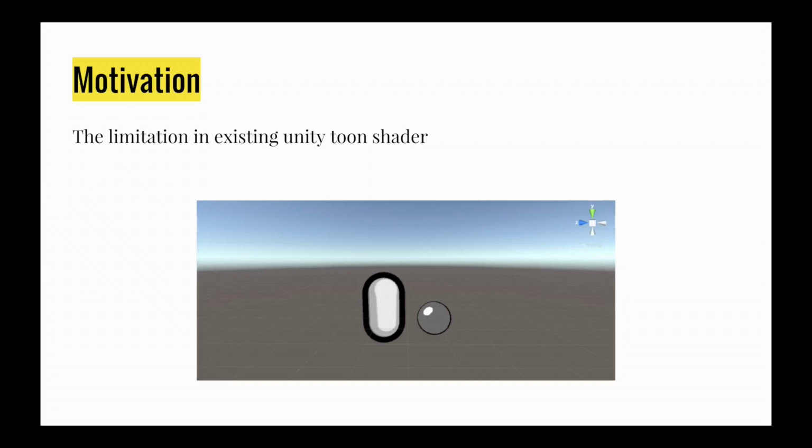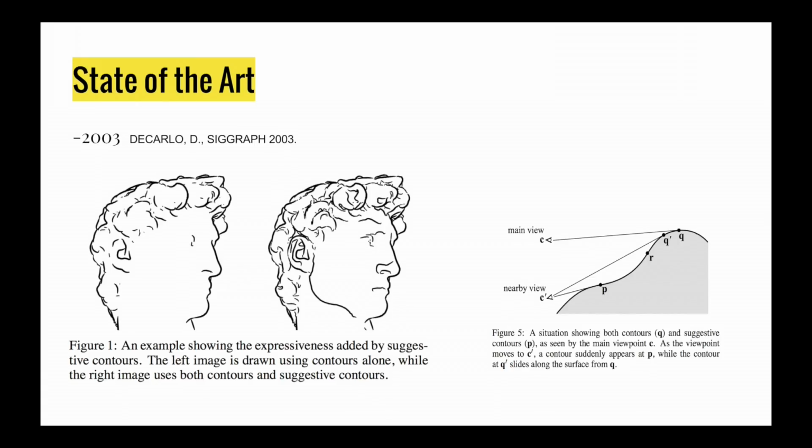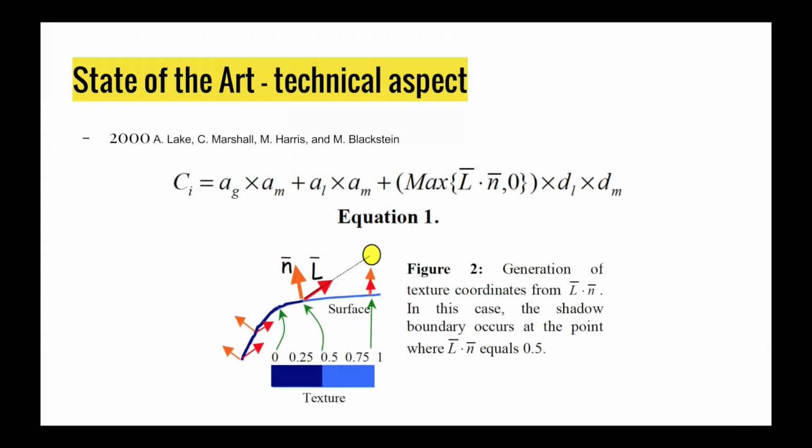The first published algorithm of cell shading was introduced by Adam Lake and his team in the year 2000. Their shading technique finds a transition boundary and shades each side of the boundary with a solid color. The lighting equation used to calculate the diffuse lighting at the vertices for both smooth shading and cartoon shading is shown in equation number 1.